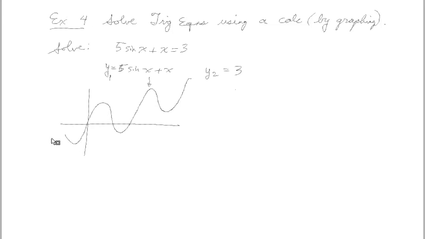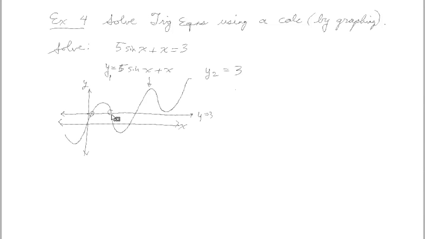And if I were to graph y equals 3, it would be a horizontal line that cuts across like that. So this would be y equals 3, and this function would be y equals 5 sine of x plus x. Here's my x-axis, here's my y-axis, and you can see that I have 3 points of intersection.